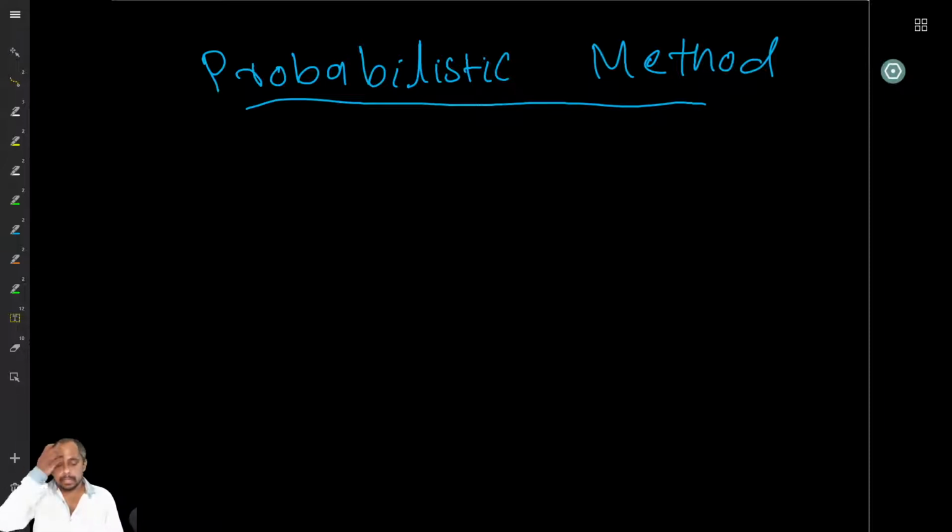Basically, we are going to use some tools from probability theory to show this, and this is known as the probabilistic method.